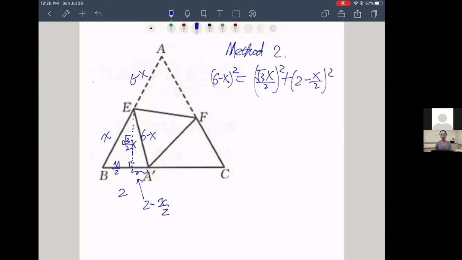If you solve it, again, you're going to have a linear equation, and x is 16/5. This is method 2. Even if you don't know the cosine theorem, you take advantage of 60 degrees, construct right triangles, and you can still solve the problem.